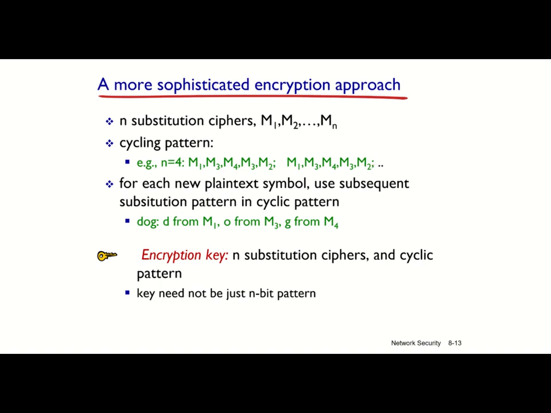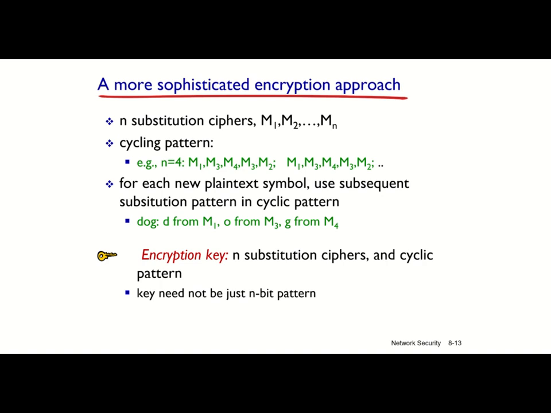Okay. So if you do this, then for encrypting a word like dog, you have to find the mapping of the D from M1. You have to find the mapping of O from M3. You have to find the mapping of G from M4.